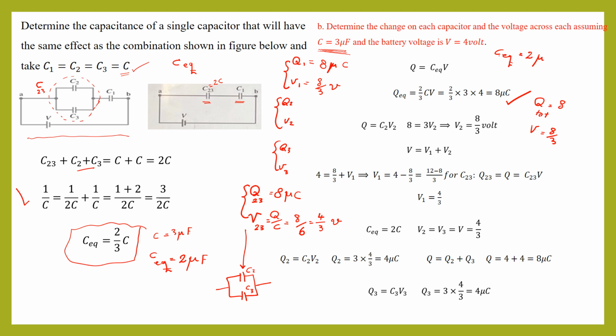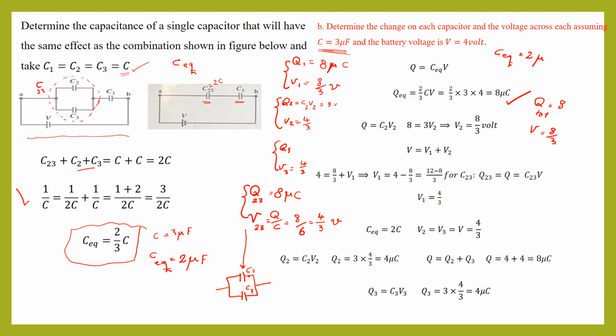Once we have the potential of C23 as 4 over 3, this means the potential of each one of these two capacitors is the same as the potential of the total. In fact, V2, everybody, equals 4 over 3. V3 is also 4 over 3. Once you get this as V, it's possible to calculate Q. Q2, everybody, equals C2 V2.